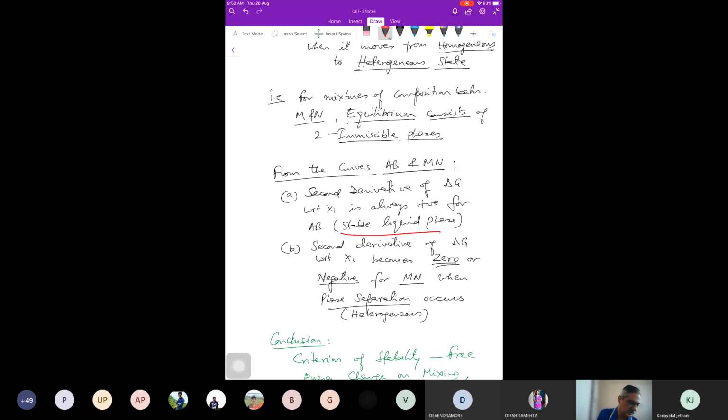So when you have a system like this, the second derivative of delta G is always positive. When you have a system like this, here the second derivative of delta G is 0 or negative.